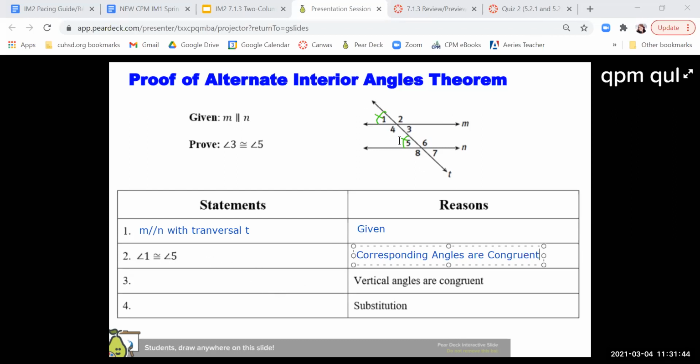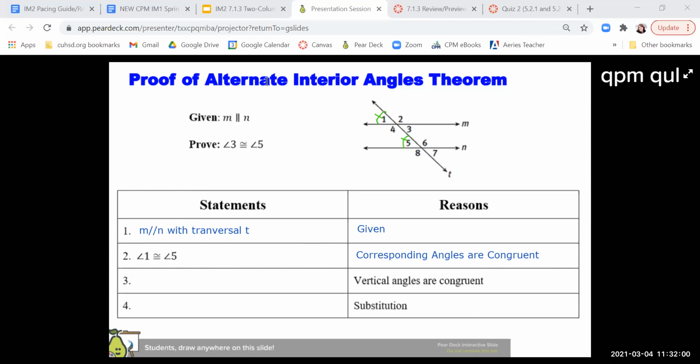So since 1 and 5 are corresponding, we know corresponding angles are congruent. We can say that.